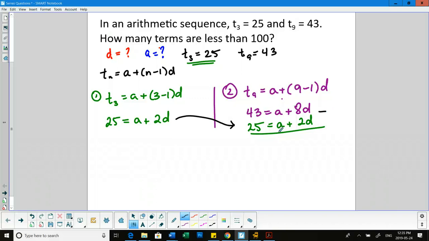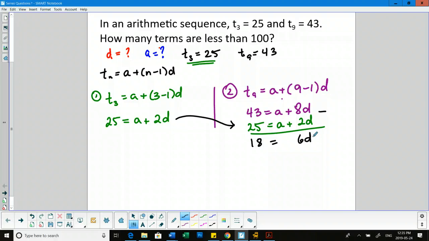Sometimes when we're doing elimination, we can add. We have to use our common sense. If I want to eliminate the A's and they're both positive 1A, I should subtract them. If one was negative and one happened to be positive, which usually doesn't happen in this scenario, then we add. So just use your common sense here. So here I'm going to get 18, and then 6.